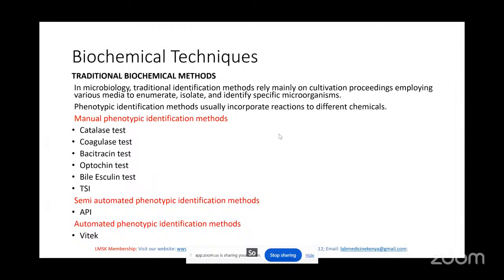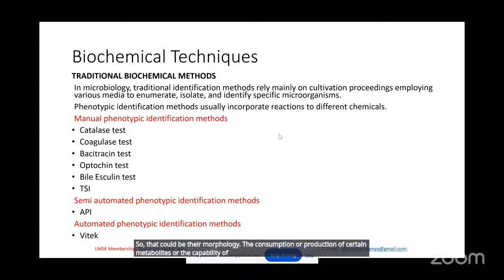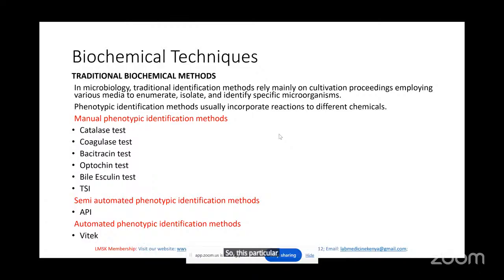That could be their morphology, the consumption or production of certain metabolites, or the capability of growth in an environmental niche. So these particular methods will utilize the phenotypic differences of different bacteria to help you narrow it down to a specific bacterial ID.